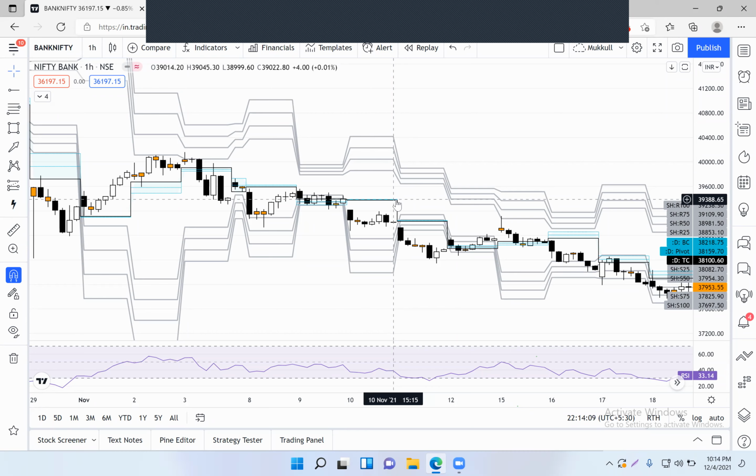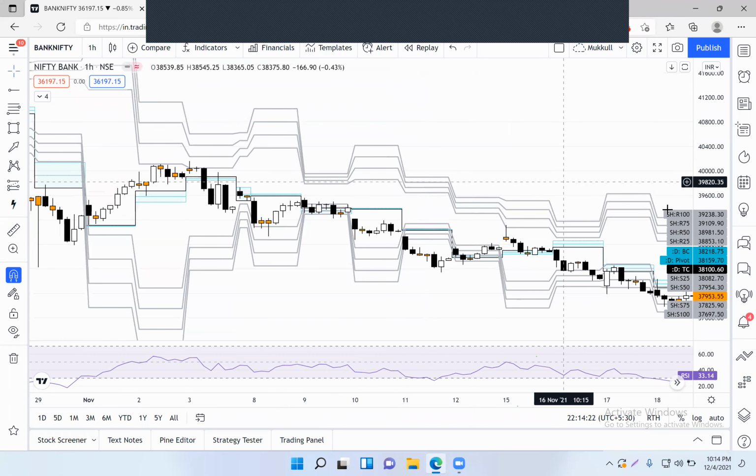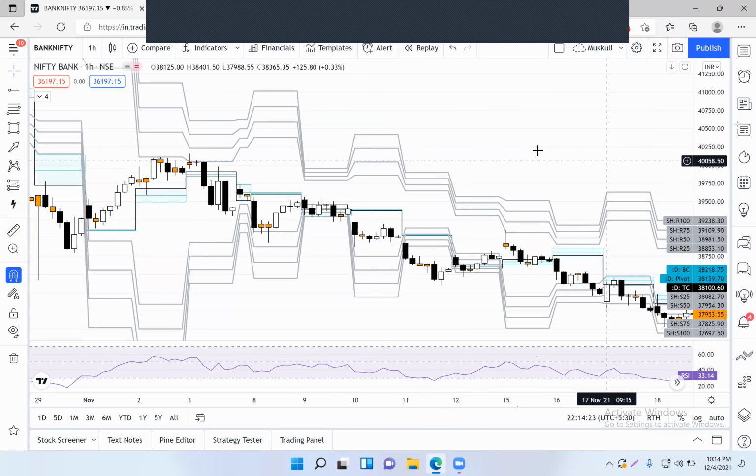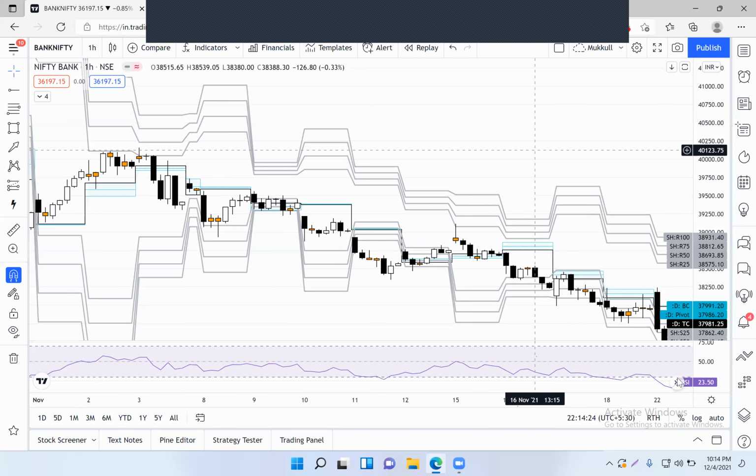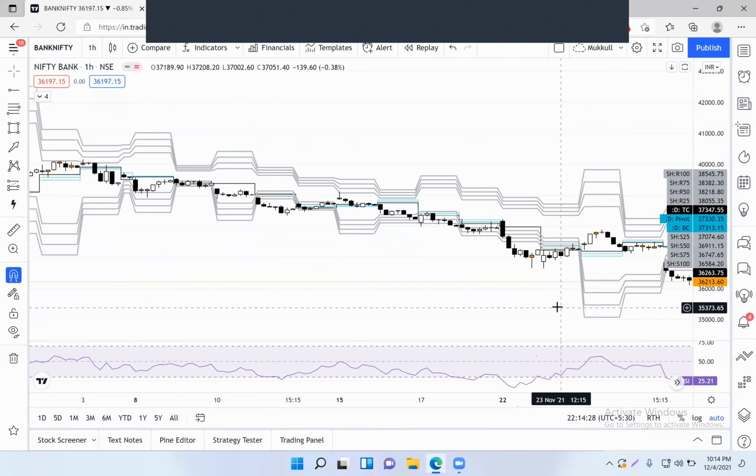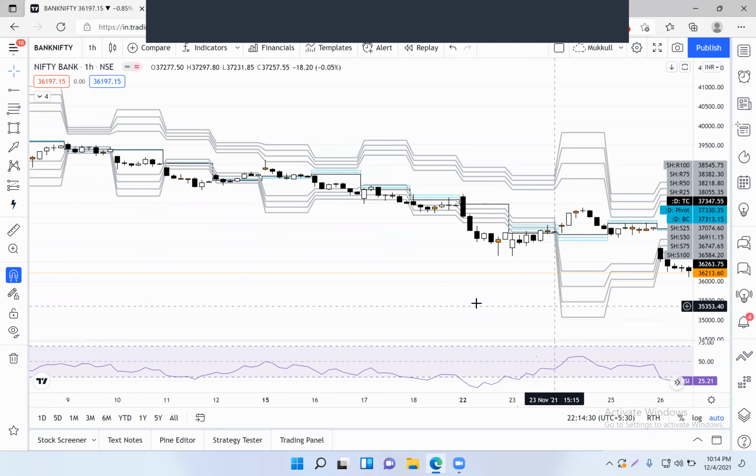And imagine the kind of trades you can get in one particular month. Okay, so practice this particular setup and tell us your reviews, what your findings are on this particular thing, and how you are able to carry on your trades.